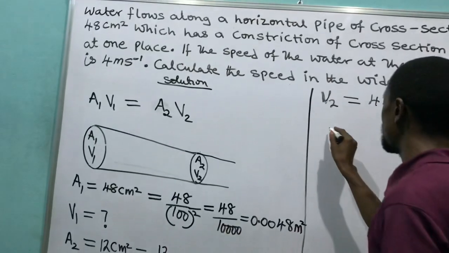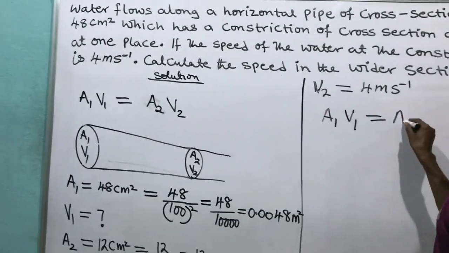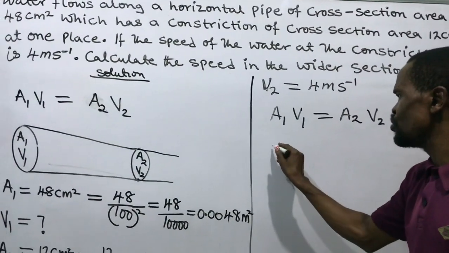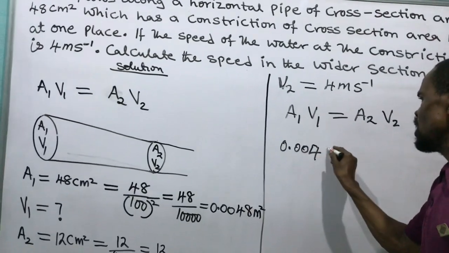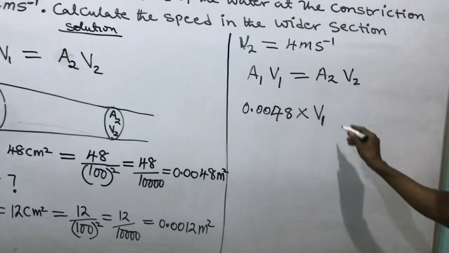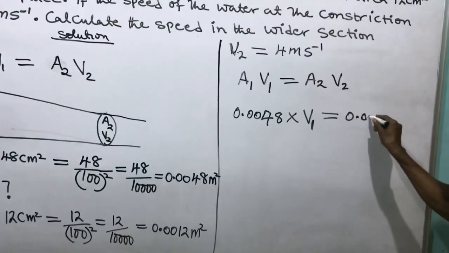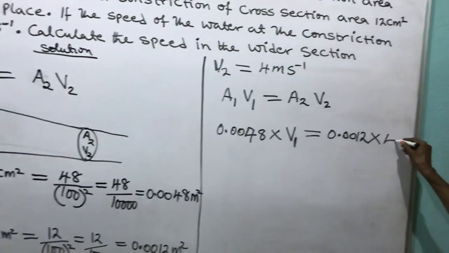Then using the formula now, A1 V1 is equal to A2 V2. In this case, A1 is given to me as 0.0048 times V1, which I'm looking for, and equals A2, which is given to me as 0.0012 times the velocity, which they said is 4.